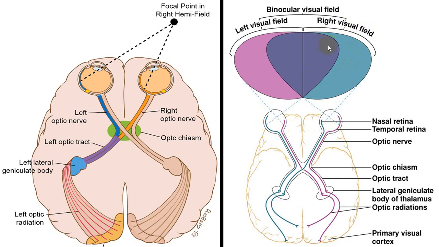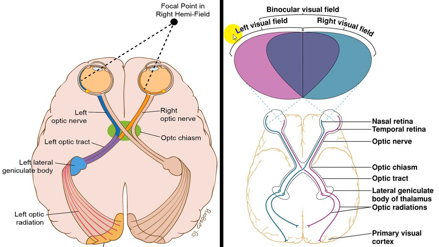So this nasal field and this temporal field together will give rise to the right side visual field, and this will be the left side visual field. Little complex, but do understand this. So light travels in a straight line. So if light from this side, that is the left side temporal region, will be falling on the right eye temporal fibers.